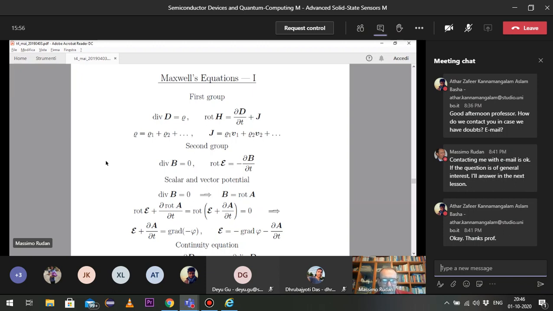It follows that knowing two vectors is equivalent to knowing 6 scalar functions. So in principle, 6 scalar functions suffice to describe the electromagnetic field. And of course, each of these scalar functions depends on position and time in general.